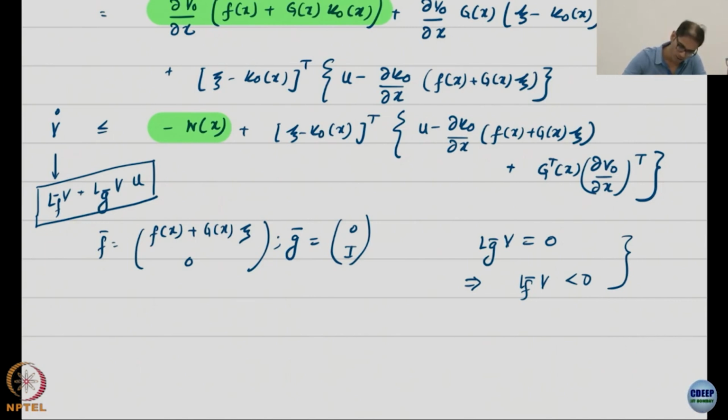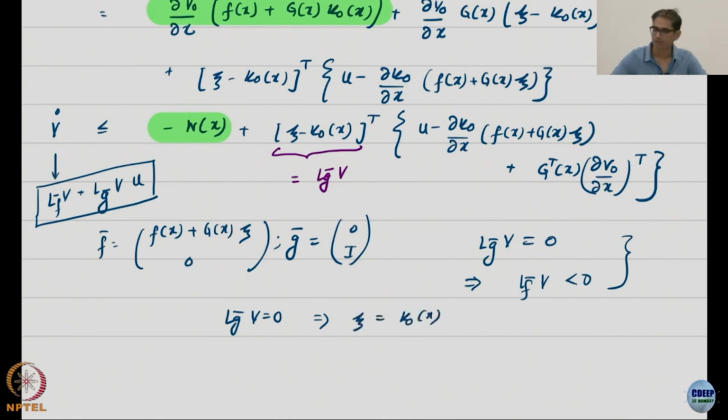Absolutely, thank you very much. So this is actually equal to LG bar V. LG bar V equal to 0 implies psi is equal to K naught x, exactly the thing that we wanted anyway, remember, somehow it came back.